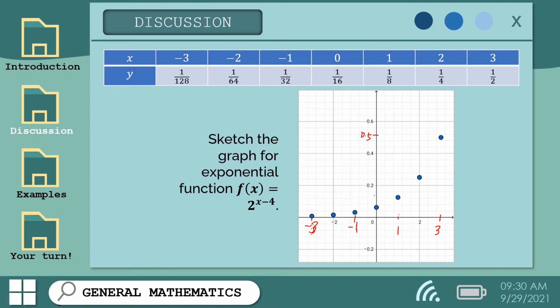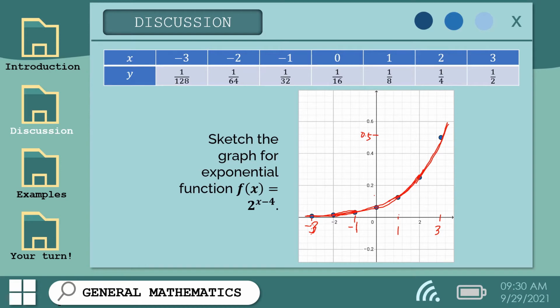Okay. So, ganun lang mag-plot ng mga values using our table of values. Then, syempre, pag connect nyo lang po siya, connect nyo lahat ng na-plot nyong points. So, ito na yung graph ng ating function ng 2 raised to x minus 4. So, ganun lang siya kasimple.